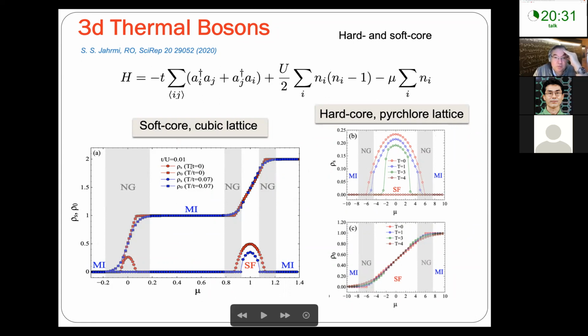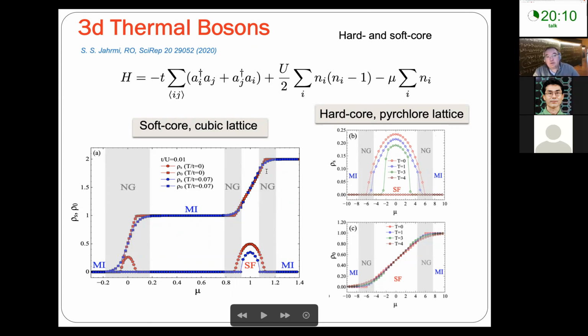Essentially, what you can see is that once you start switching on the temperature, the superfluid density disappears. The superfluid phase disappears. And also, you start to have these intermediate gas phases right here, where the occupation number is somehow interpolating between 0 and 1 or between 1 and 2.